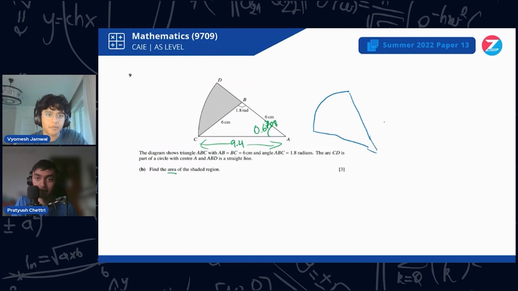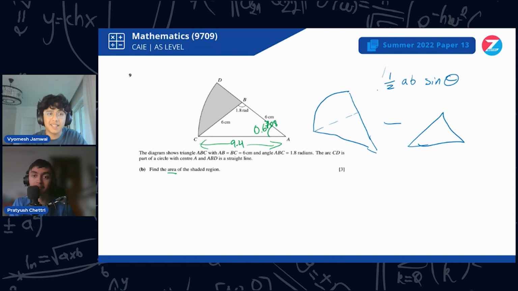And I remember there was this one formula that I did use a lot to find areas of triangles where two sides are given at an angle. It was 1/2 ab sine theta. I don't think the formula book gives it out, but I've seen that in a mark scheme once, and I was like, that's a good formula to use, right?